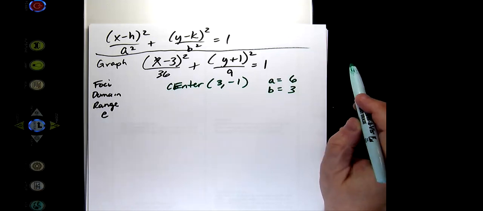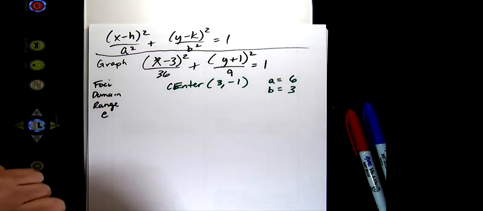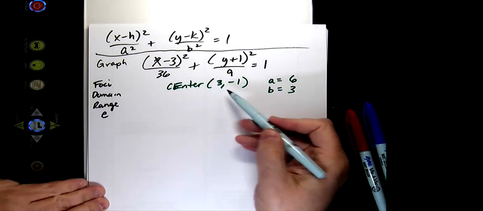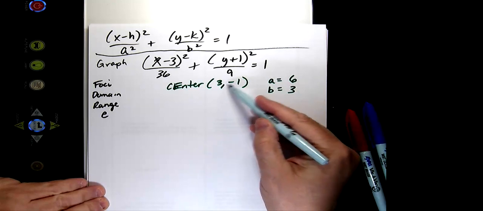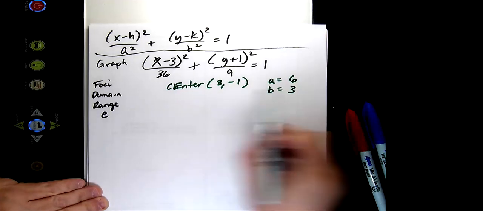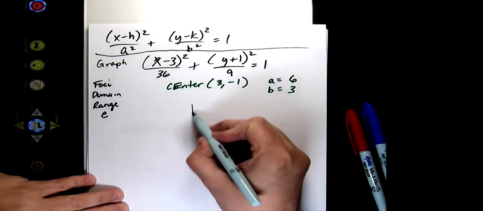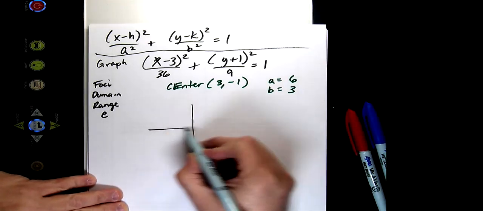Okay, so with that, we can actually graph it. We need our graph to include 3, -1. A is 6, so we want to go left or right 6. So it looks like I need to go really far to the right.